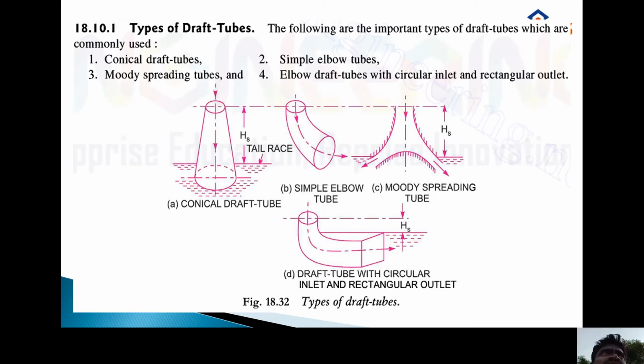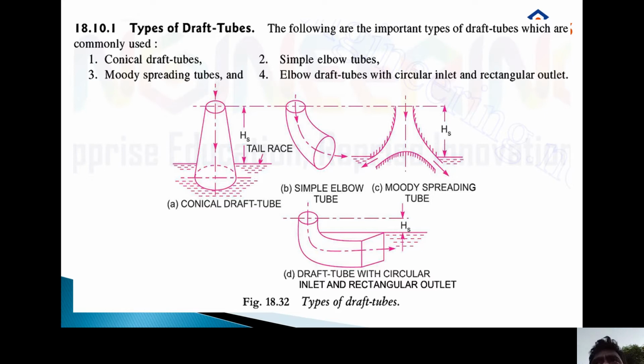Next, types of draft tubes. This is the most important topic. Draft tubes available in reaction turbines are mainly of four types. First is the conical draft tube, then the simple elbow draft tube, the moody spreading draft tube, and the elbow draft tube with circular inlet and rectangular outlet, as shown in the figures.